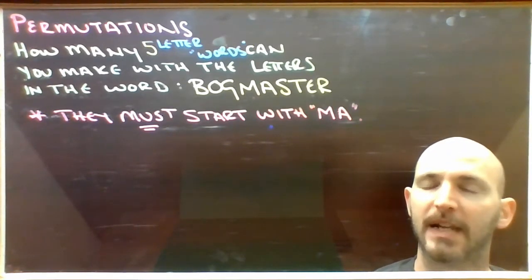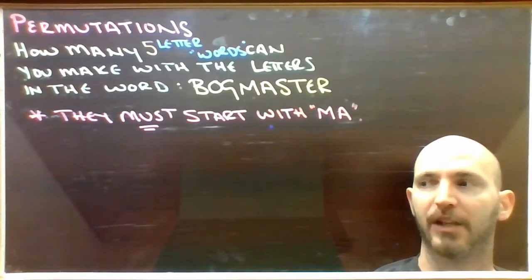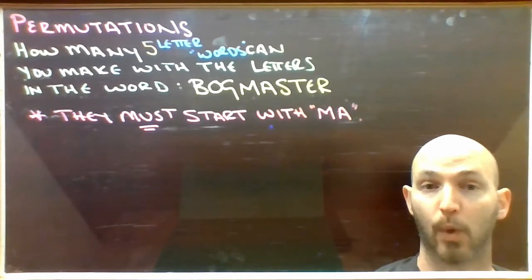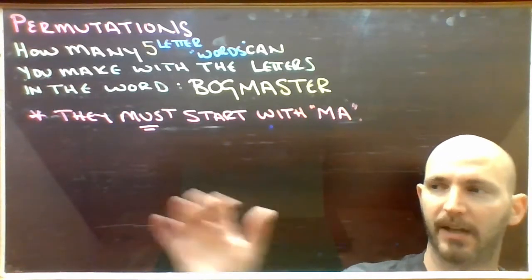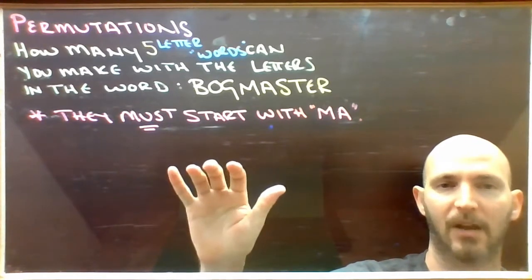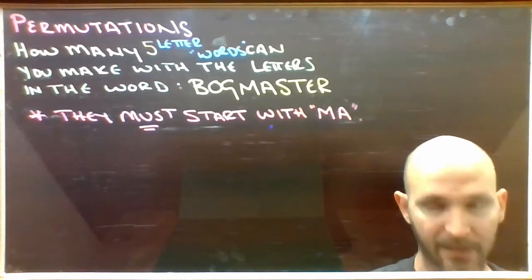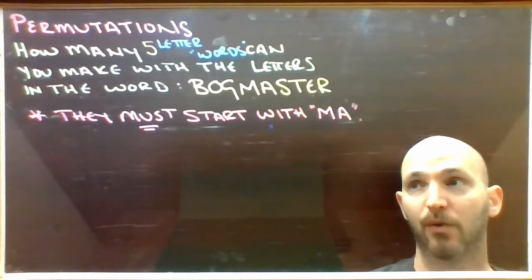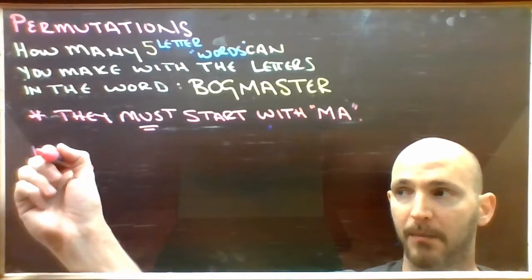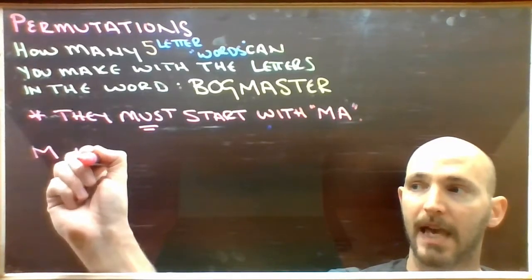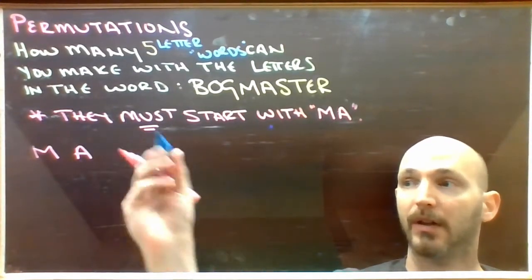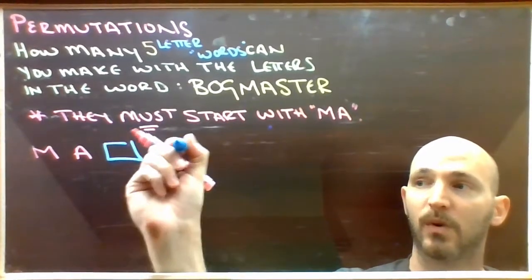So as soon as you get a condition thrown in there, you have to go back to the basic idea of how you built these words and start with the structure of them and then maybe do some counting after that. So if I were to make these 5-letter words that start with M-A, well, they must be M-A. And since it's a 5-letter word, I need to fill in 3 more spots.